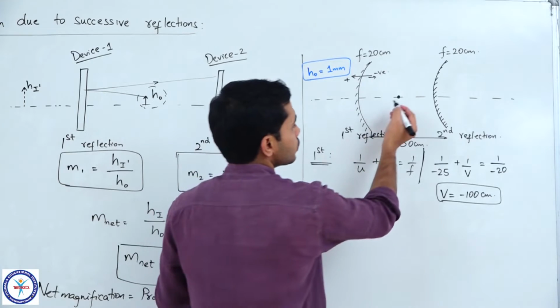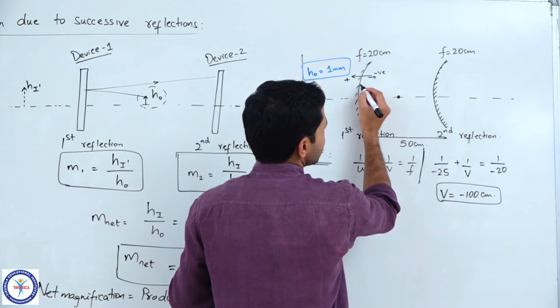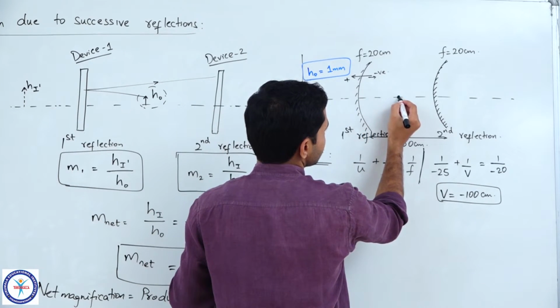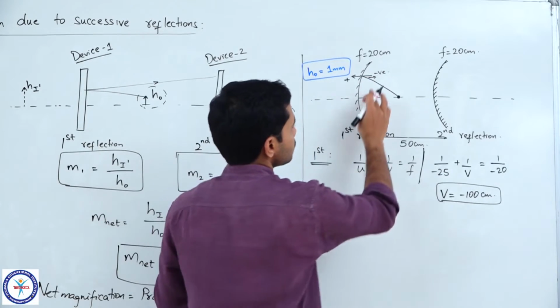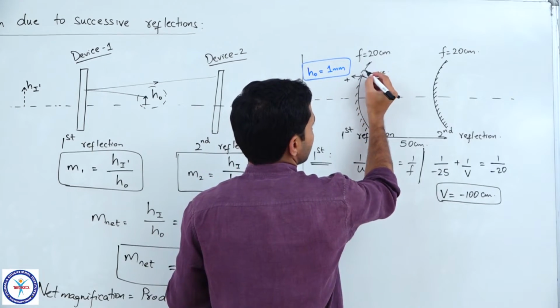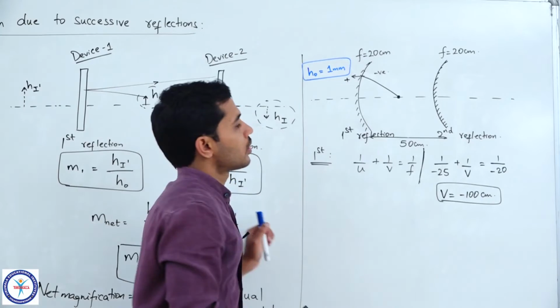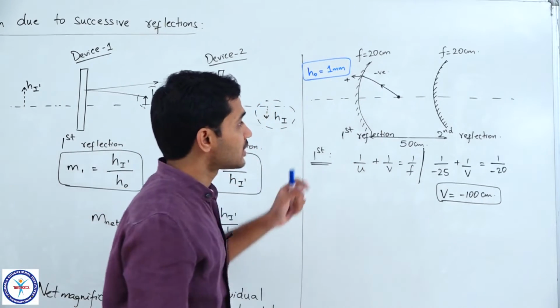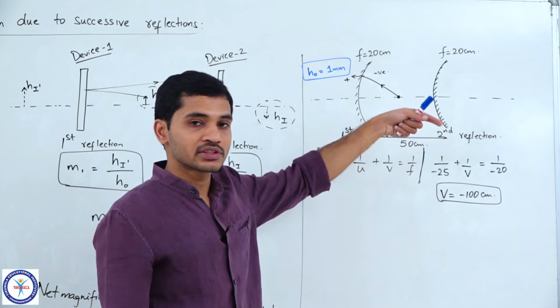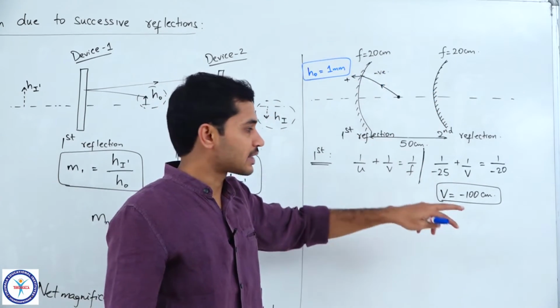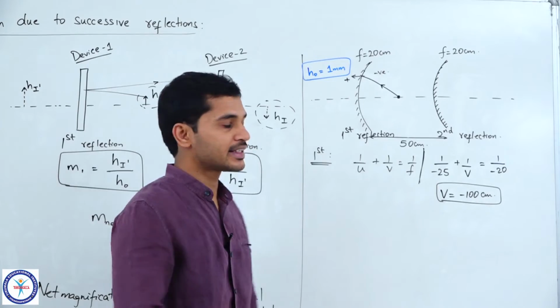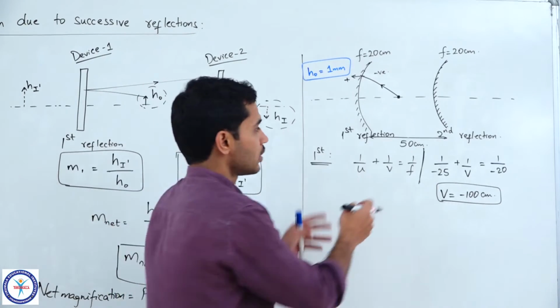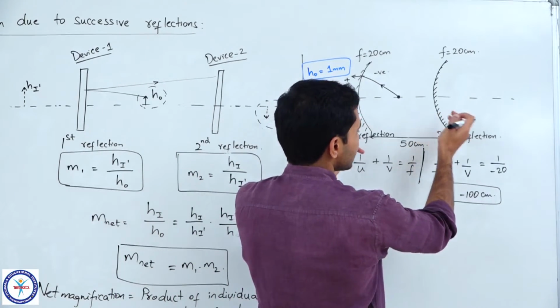Okay. So I will take one light ray which is incident on this mirror like this. So if there is a light ray which is incident in this manner, this light ray will go and converge, or it will go and meet the principal axis at a distance of 100 centimeters in front of the mirror. So this length is already 50 centimeters.